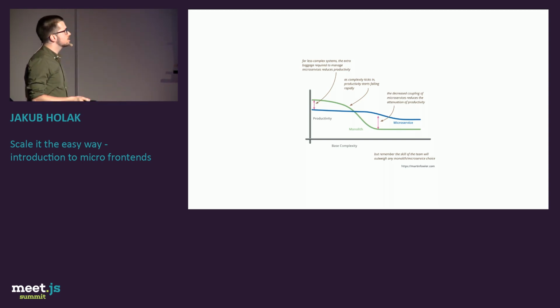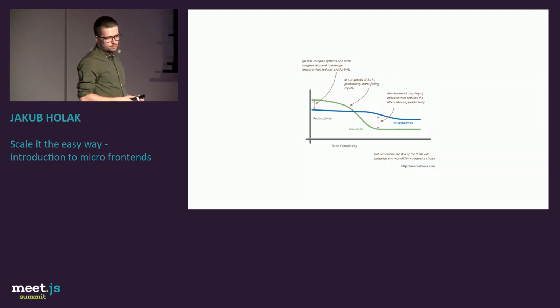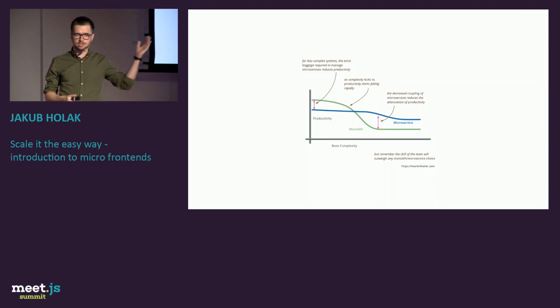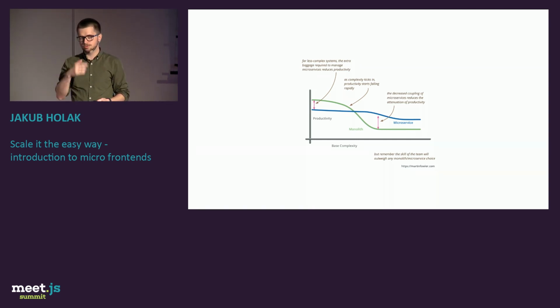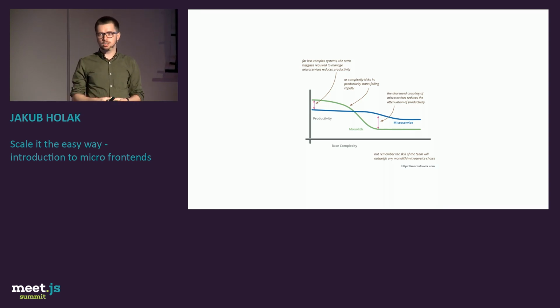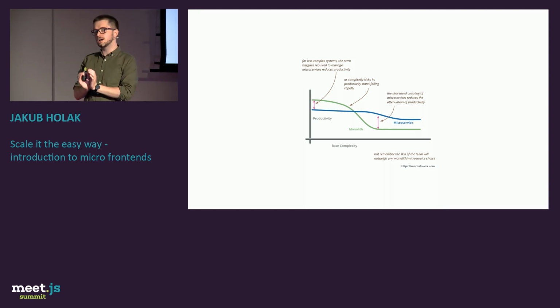But when the complexity of your application grows, microservices and micro frontends start to shine, because each time you work with the code of your feature, you work with just a small part, and you can be sure that if you change it and it works, you don't break anything else in your application.